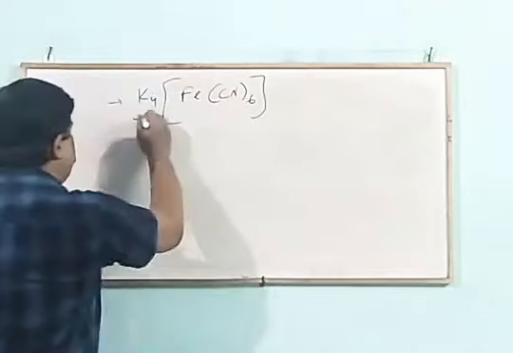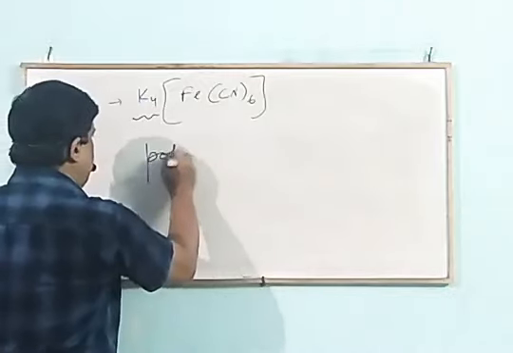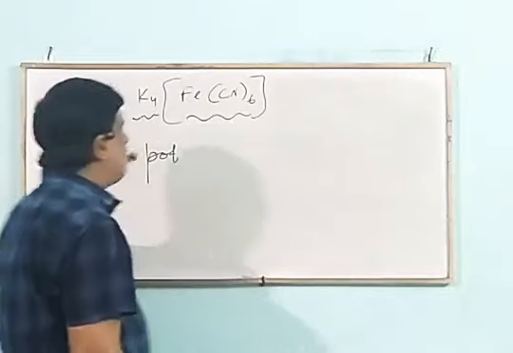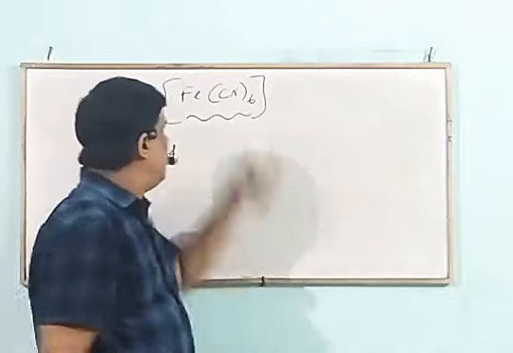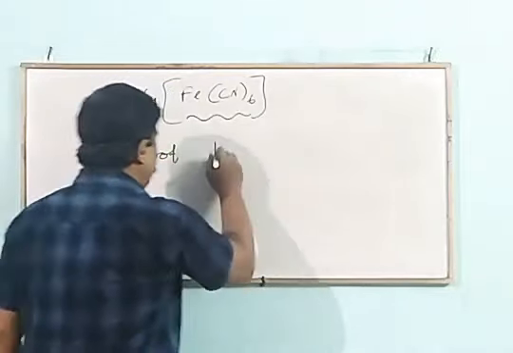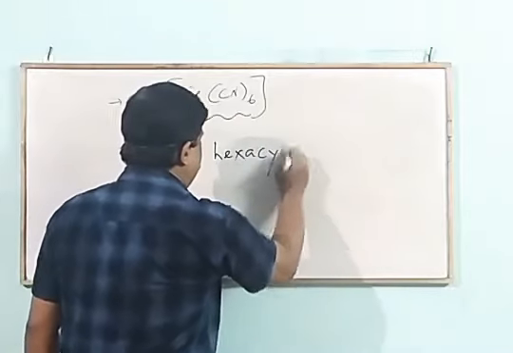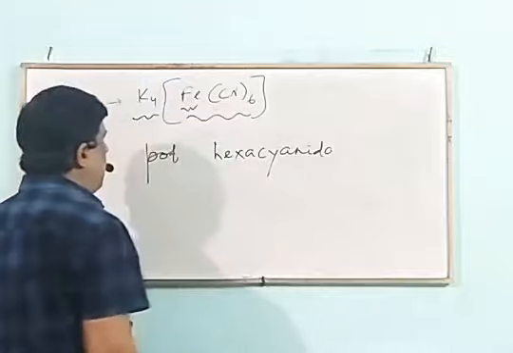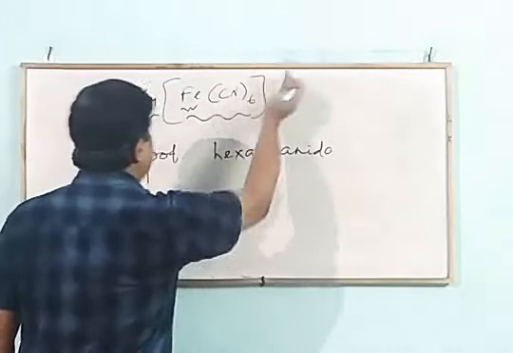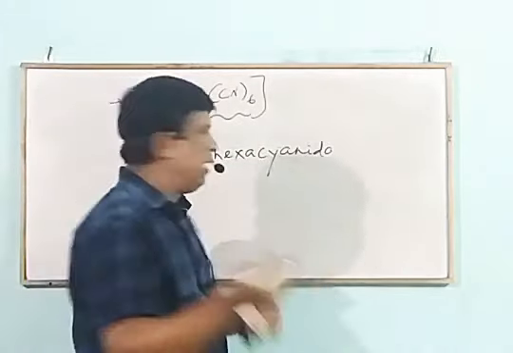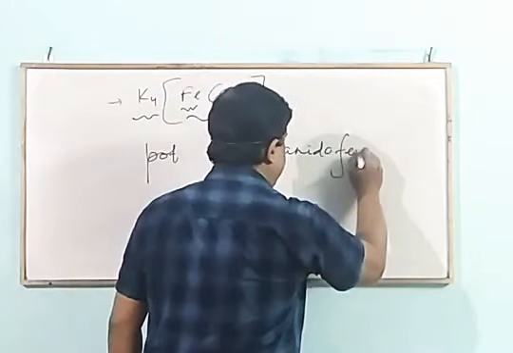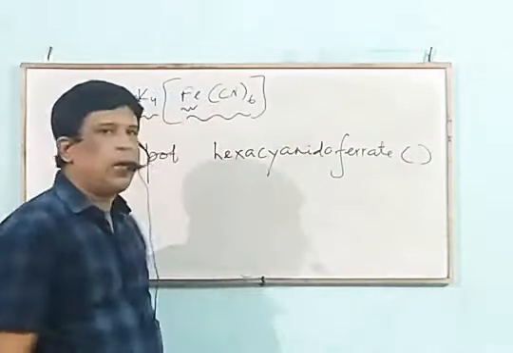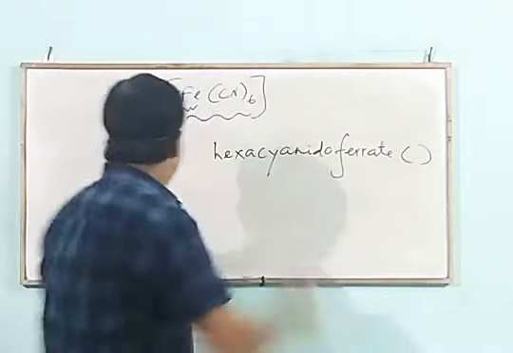So the cation part is potassium in small letters, then a space. In the case of the complex part, first we write the name of the ligand. It is cyanido. 6 is there. Hexacyanido. And next, the name of the metal atom. As the metal atom is in the anionic part, we have to write its Latin name. That is ferrate. Followed by parentheses, we have to write the oxidation number.